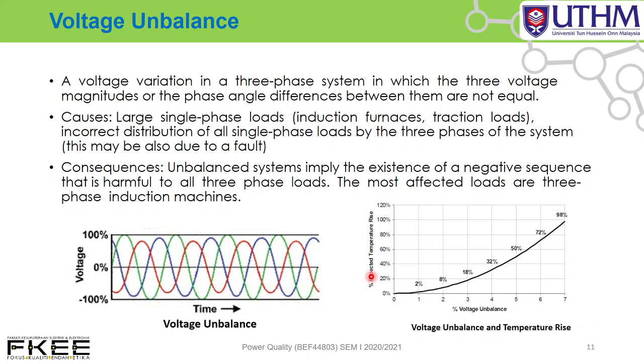What is the effect on temperature? When voltage unbalance increases, we can see from this figure that the temperature of the system will increase. It will affect the equipment. For example, if voltage unbalance is 3%, temperature will rise up to 18%.